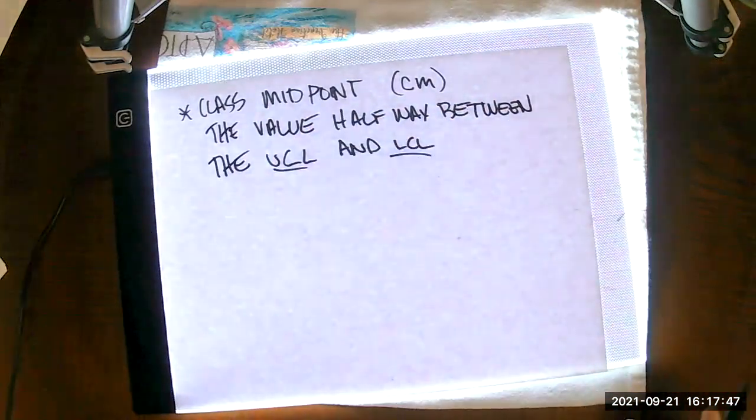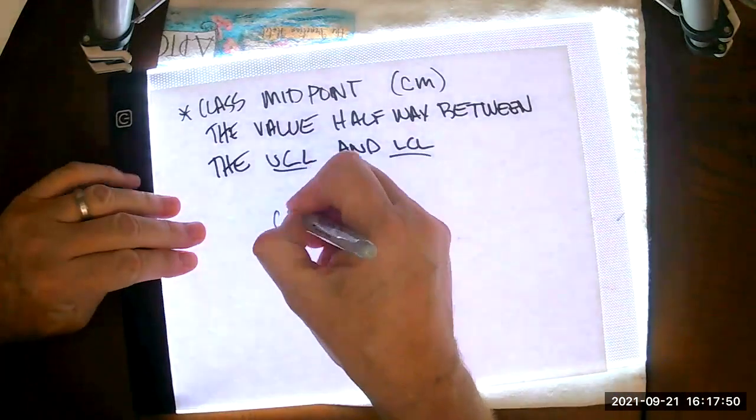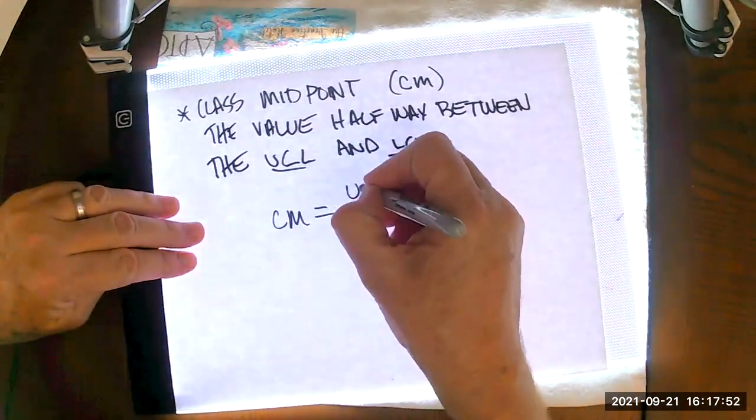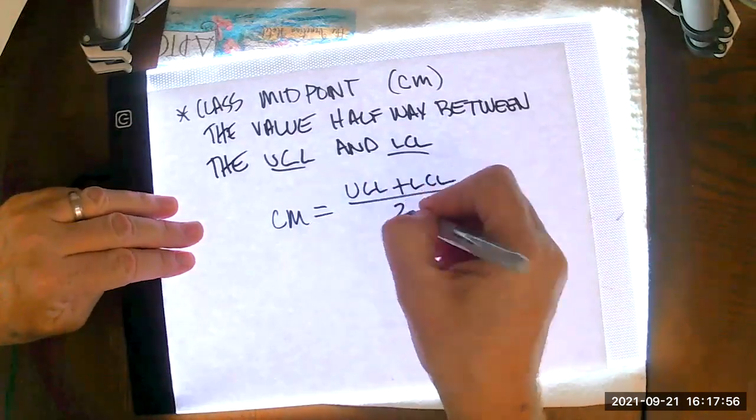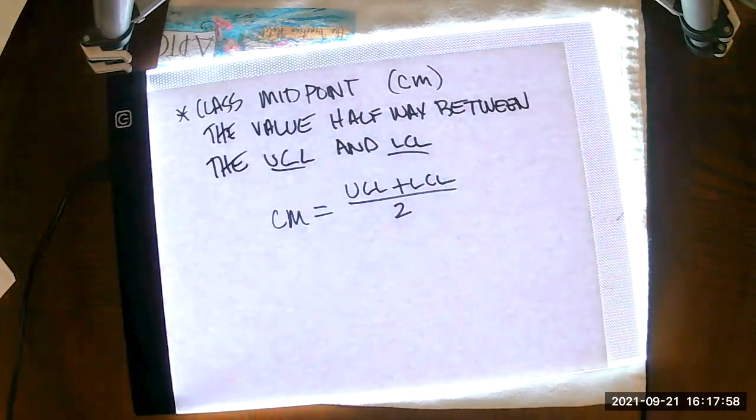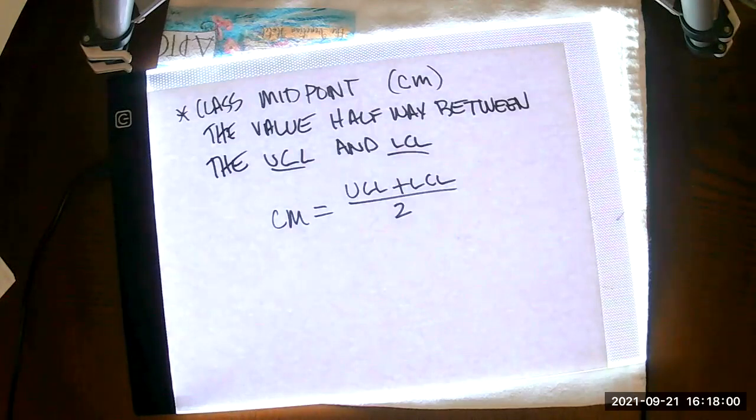This one actually has a formula. The class midpoint is UCL plus LCL all over 2. Since addition is commutative, it works in the other direction also.